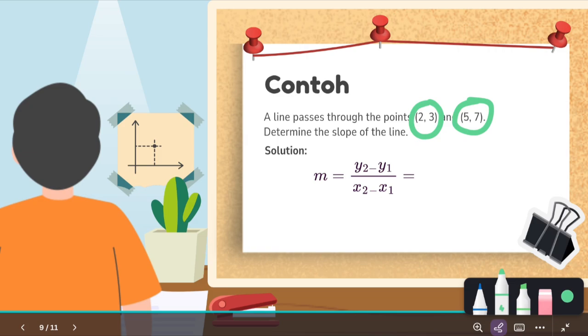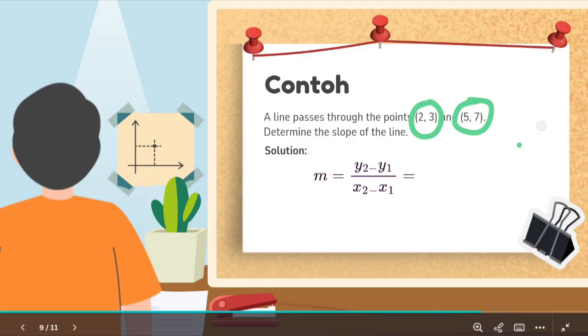So we can substitute like 7 minus 3 divided by 5 minus 2. 7 minus 3 is 4 and 5 minus 2 is 3. So, therefore, the slope of the line is 4/3. I hope you can understand, guys.